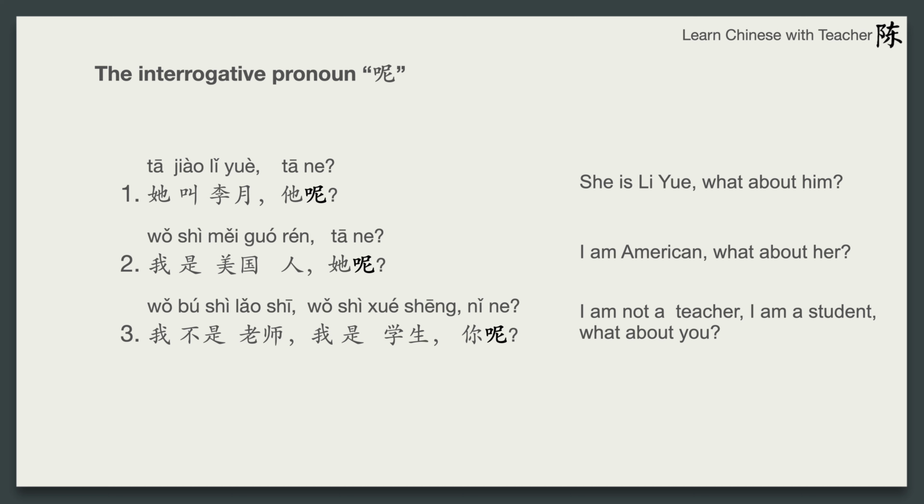In this lesson, the interrogative particle 呢 is used after a noun or pronoun forming a question about the situation mentioned previously. Like the male 他呢 what about him? The female 她呢 what about her? 你呢 what about you? You just add somebody or something in front of the interrogative particle 呢, then it means what about somebody or something. Pretty easy, right?